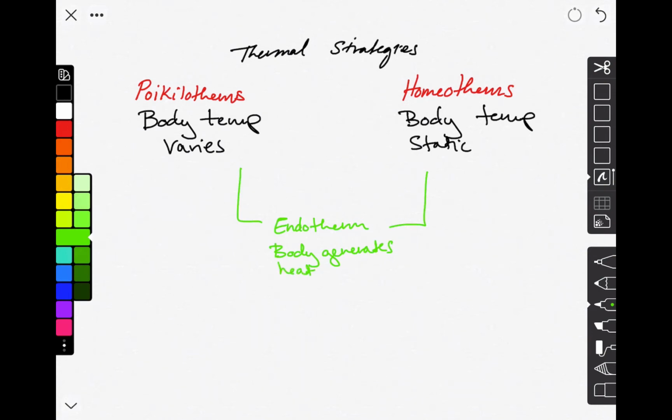Now, your endotherms are really going to fall in this homeotherm camp, where their body temperature should not vary much with the environment.